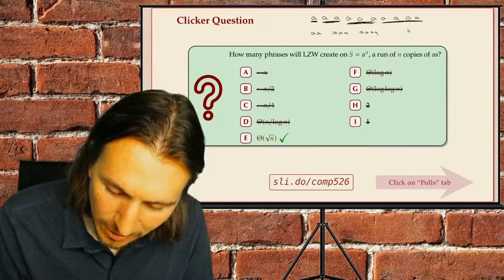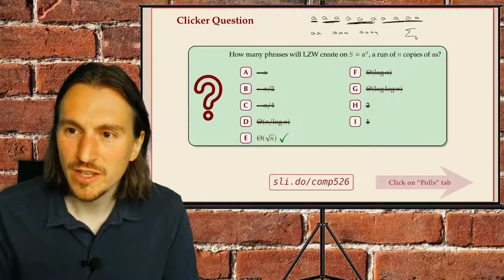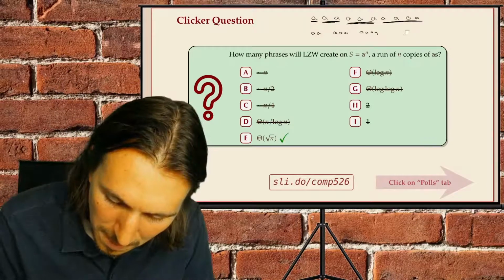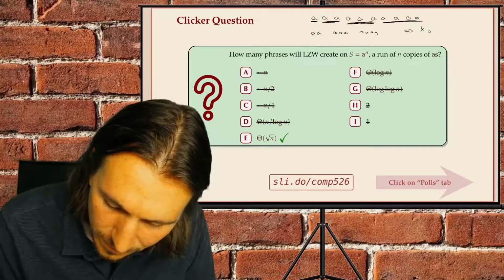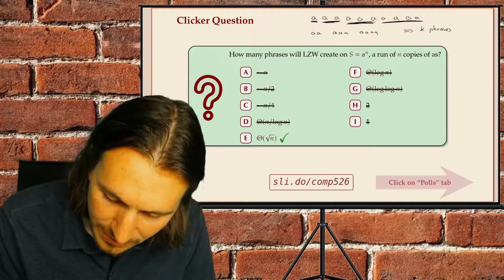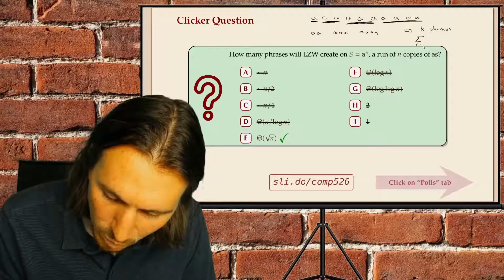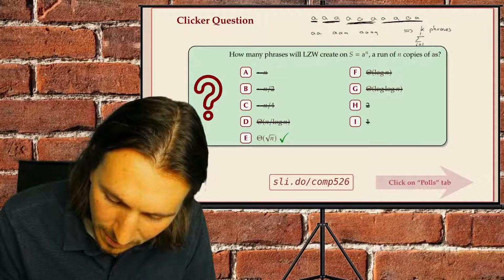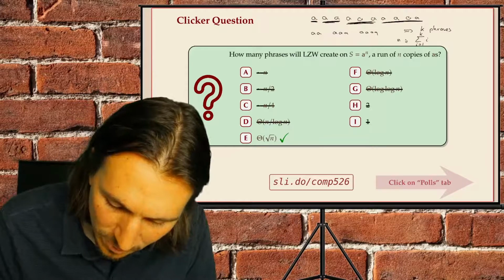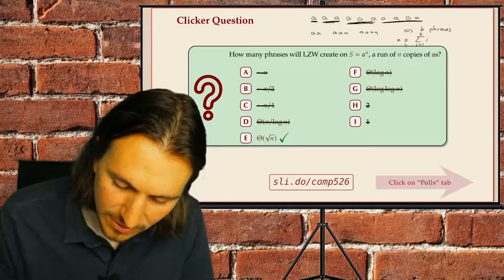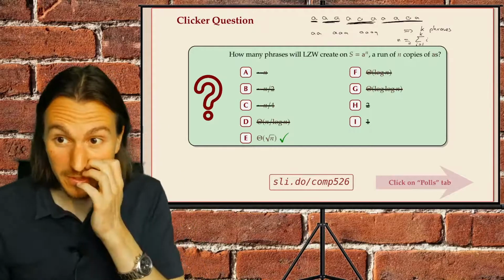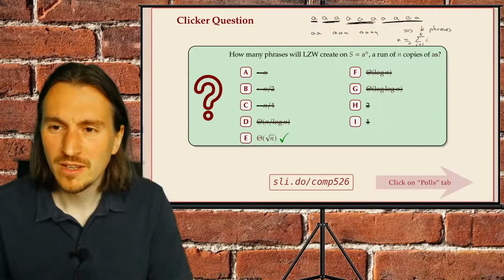So the total length of the string, if I have k phrases, say, with k phrases, I would go from length 1 up to length k, and I would sum up this. So n would be something like this, except for the last phrase, maybe. But let's suppose it's k full phrases.